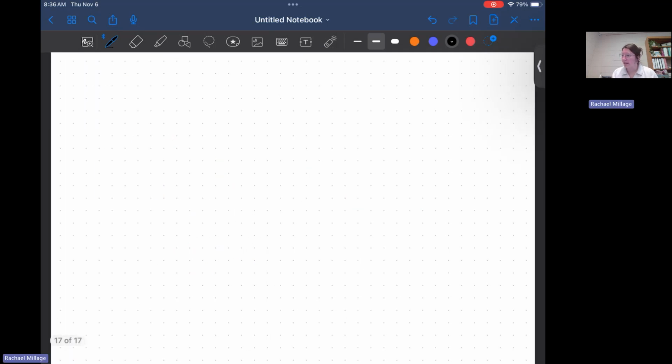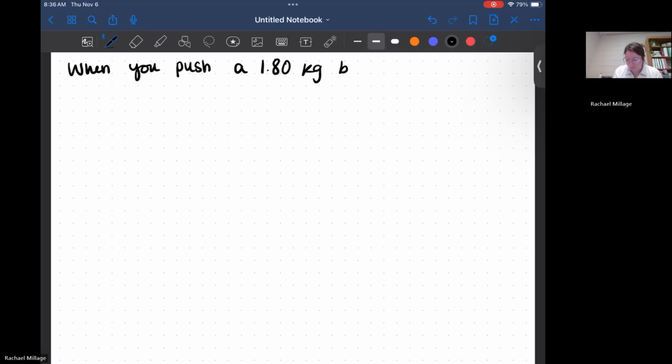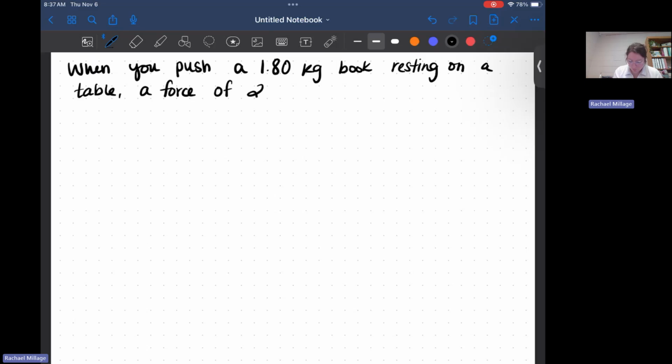All right, we're going to do one more practice problem. When you push a 1.80 kilogram book resting on a table, a force of 2.25 newtons is required to start moving it.